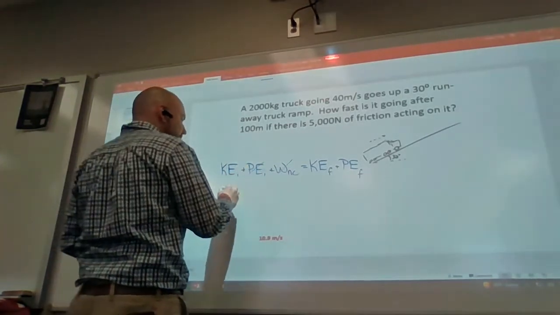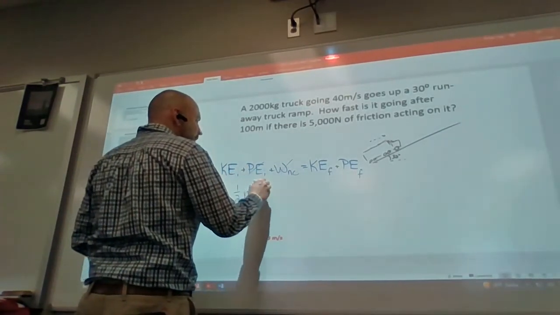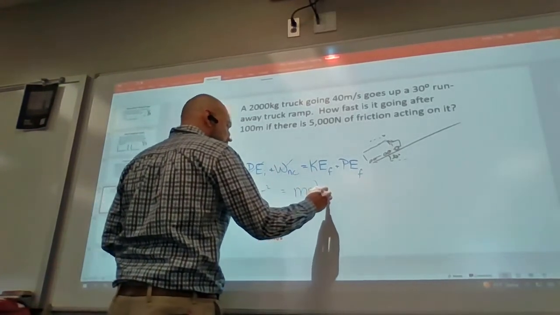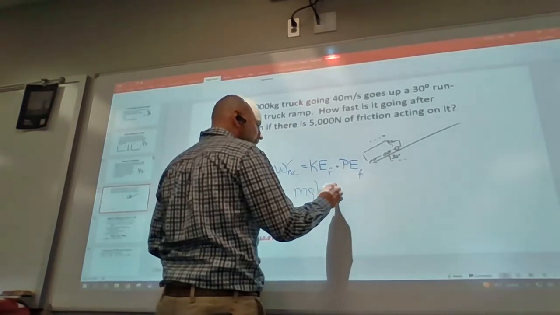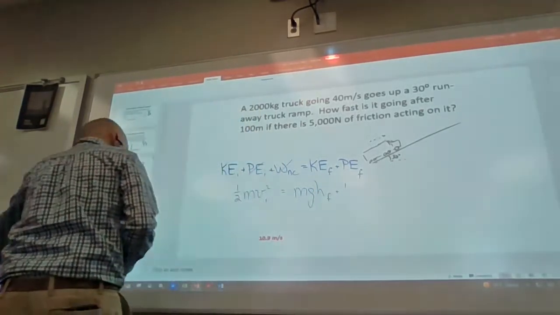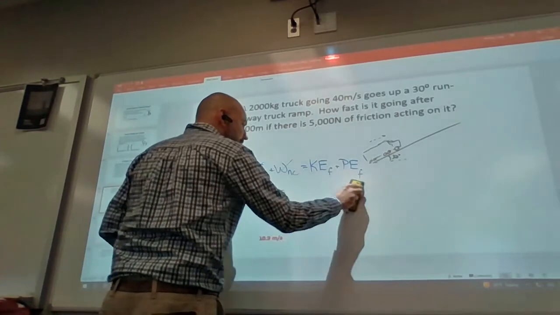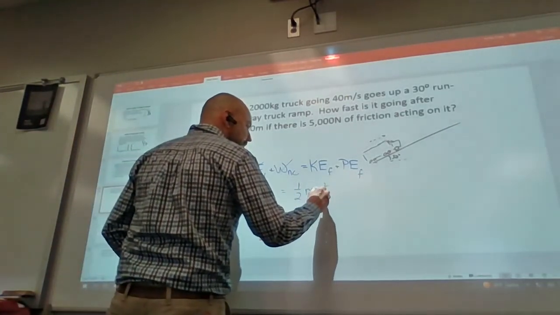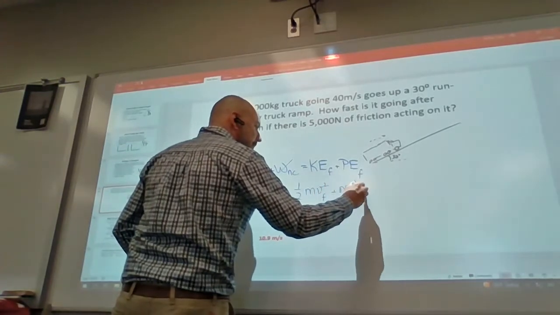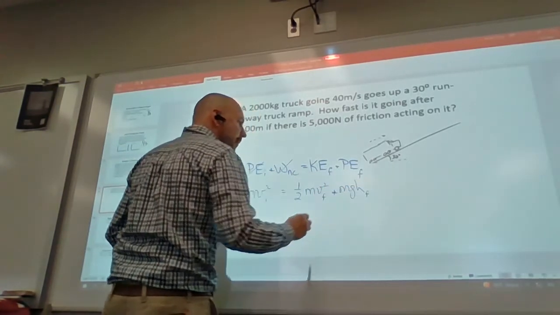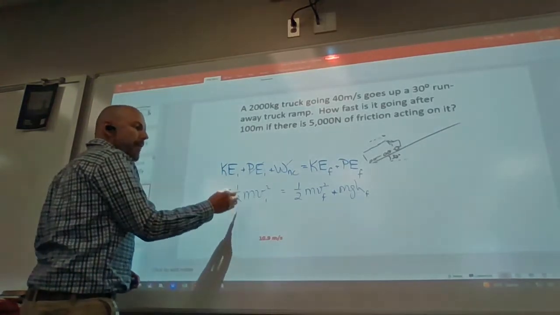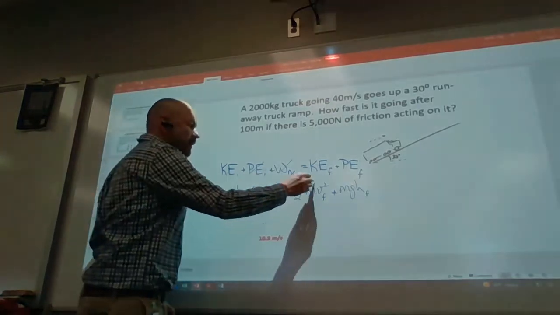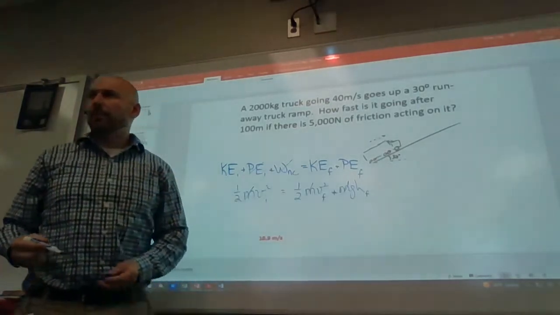If you cancel stuff out, specifically if you cancel out work done by non-conservative force, if every expression has mass, you can cancel out the masses.